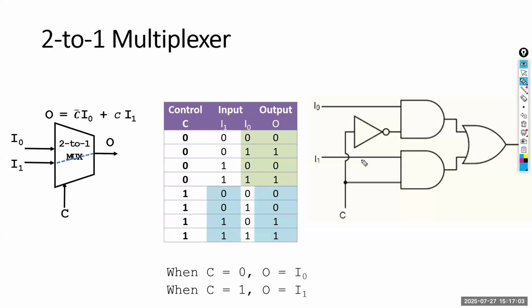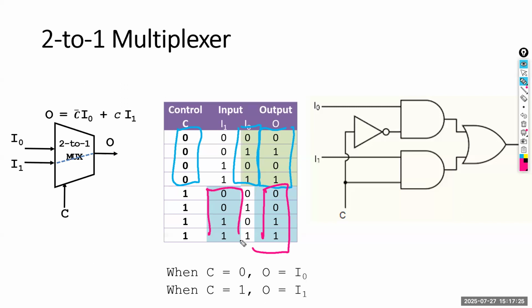And if you analyze this truth table, you will find that your output is the same as I0 when your control signal is 0, and your output is the same as I1 when your control signal is 1. So when your control signal is 1, whatever the I1 is, that is your output. When the control signal is 0, whatever the I0 is, that is your output.